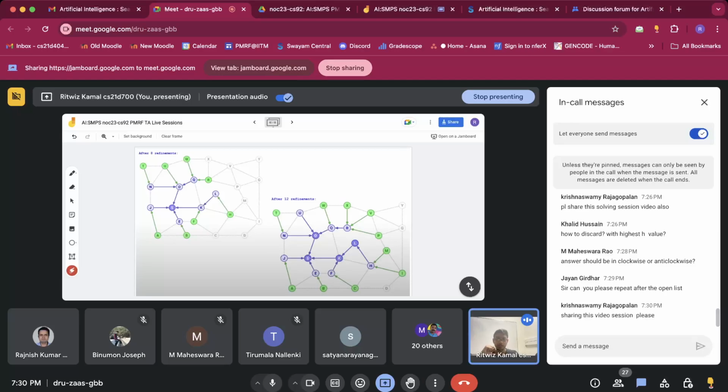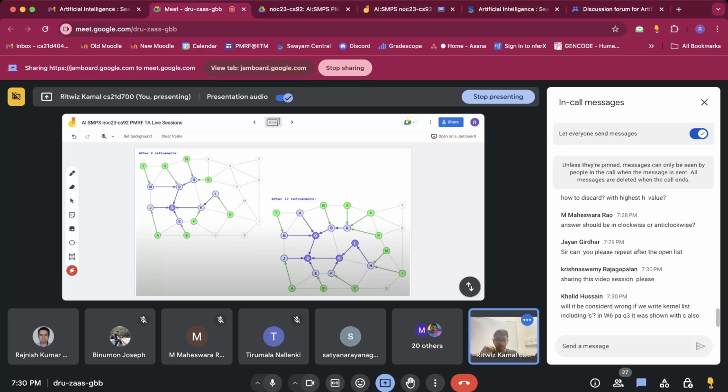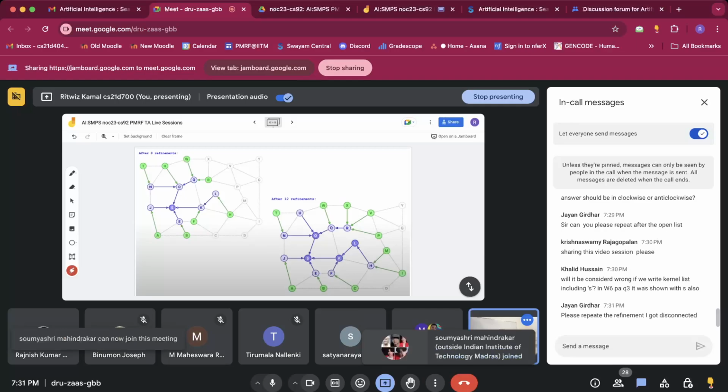Any other doubts in this question? Okay, so there are two queries. Will it be considered wrong if we write the kernel list including S?